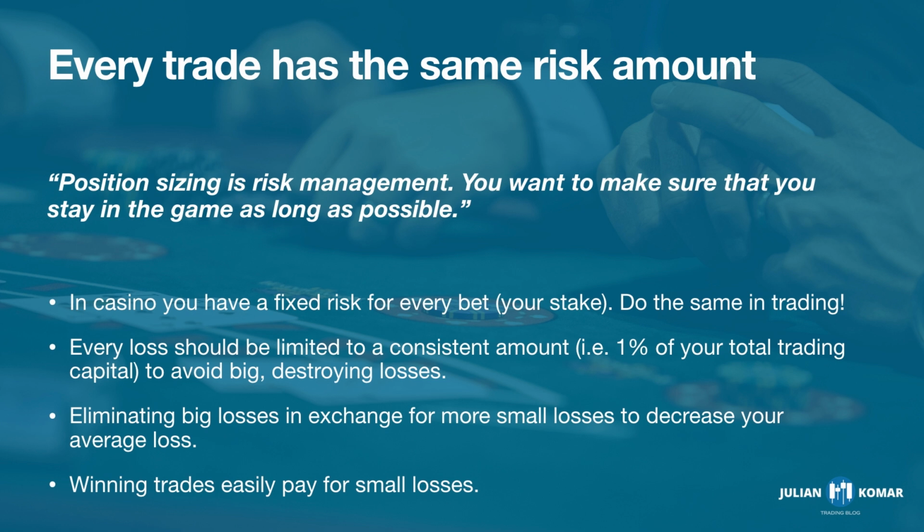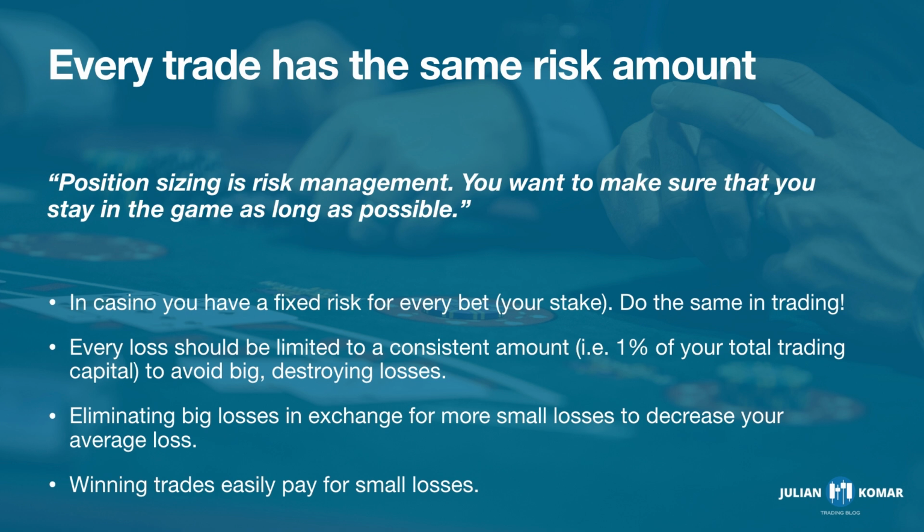You can manage that risk much, much better when you only risk a small fraction of your total capital. So similar to the casino, you are able to do the same thing in trading. You can say, I only want to lose 500 US dollars, although you have a position of 10,000 US dollars. And I will show you that.